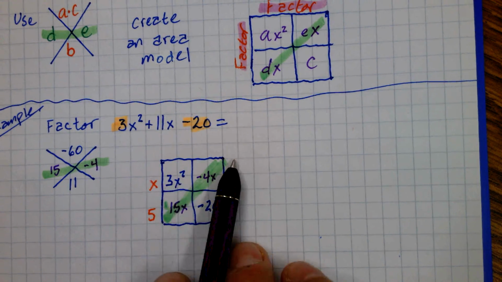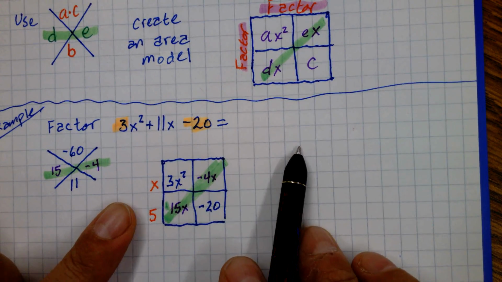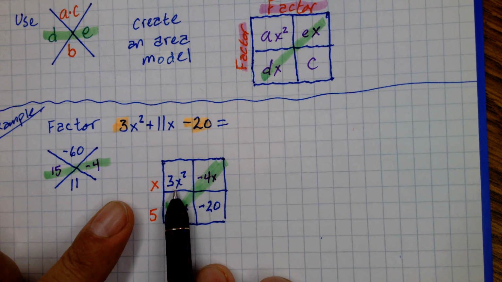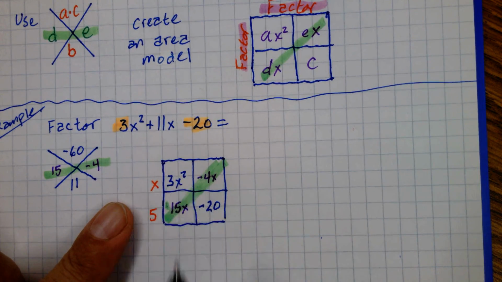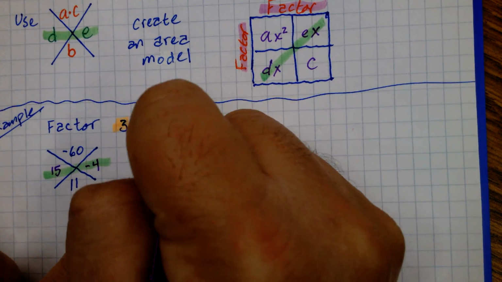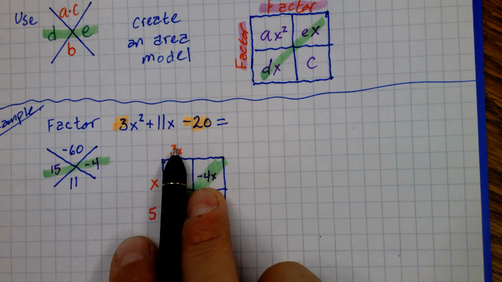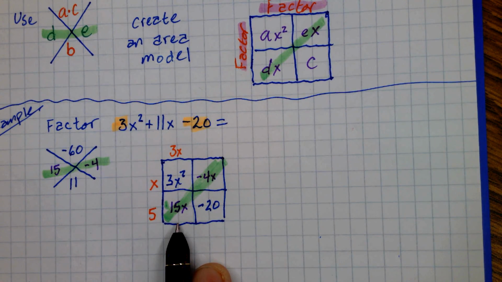Now, to get the top, you could just do a little reverse multiplying, right? A little division. x times something gives me 3x squared. 3x, right? x times 3x is 3x squared. And you can always check it by saying, look, what's 5 times 3x? 15x. So this is proof that I'm on the right track.